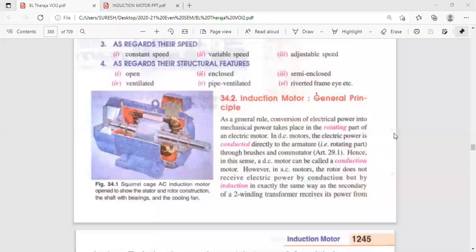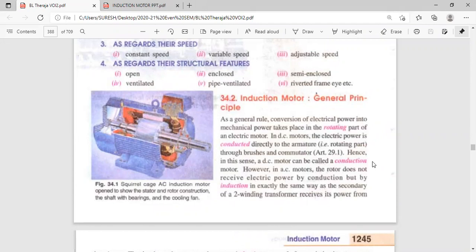Okay. In the previous classes, we have started the DC generator. In DC generator, how many windings are there?